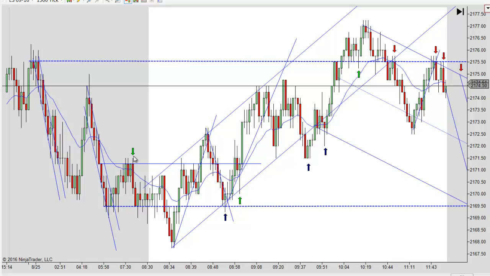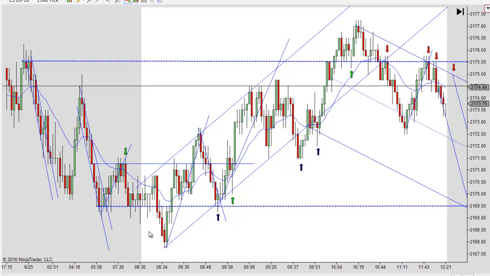So this one actually could be almost red. The main reason I didn't change it is because you can see the move up. We got a close outside, but we never got a new high, so you have to be a little bit concerned about that one.